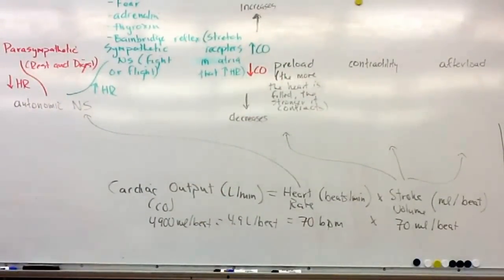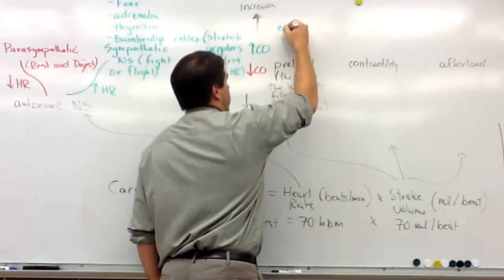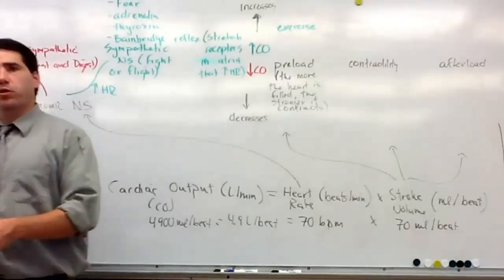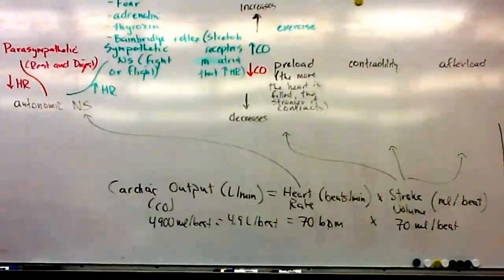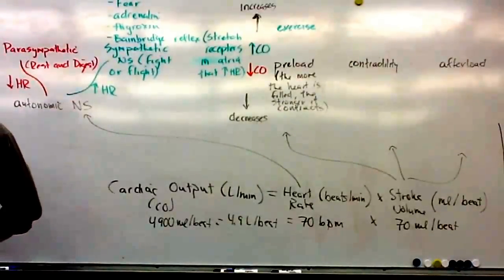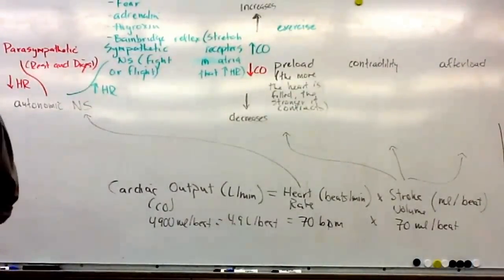Some examples that might make this more clear are when you exercise, your heart sees more blood. The way you move blood up through your veins, we'll talk about this when we get to blood vessels, is skeletal muscle contracts around those veins.